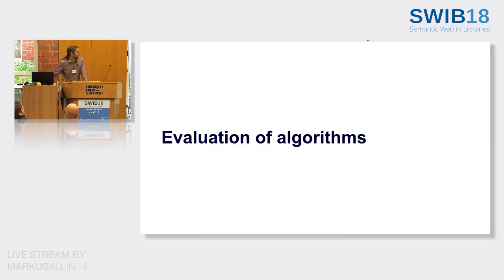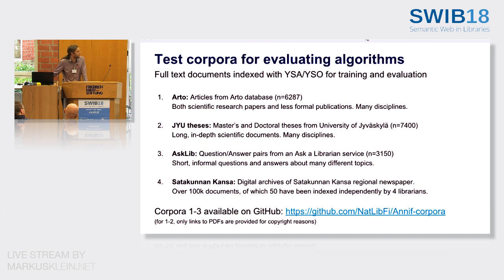I did some evaluation of these algorithms, and I used some test corpora, which are quite different in nature. These are all existing full-text documents that have been indexed with either YSA or YSO subject vocabulary. So the first one is Arto.